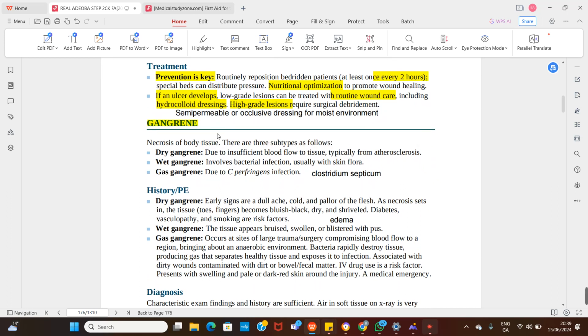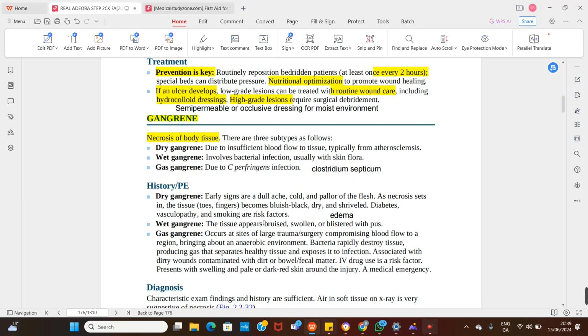So moving on to gangrene. Gangrene is just necrosis of the body tissue. Very easy. We are not really going to waste too much time. This is something we all know. We have three forms essentially: the dry form, the wet form, and the gas gangrene. Very easy. So the dry gangrene typically occurs when you have impaired blood supply to a tissue.